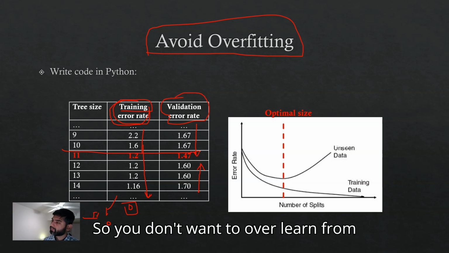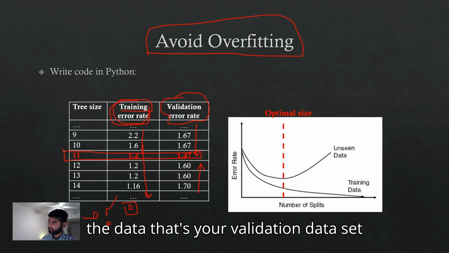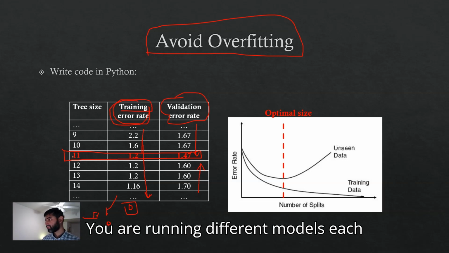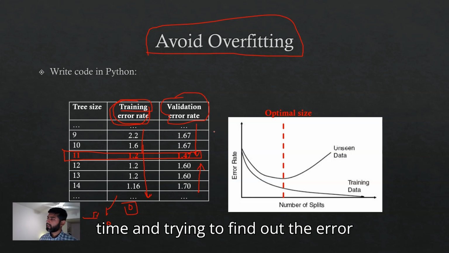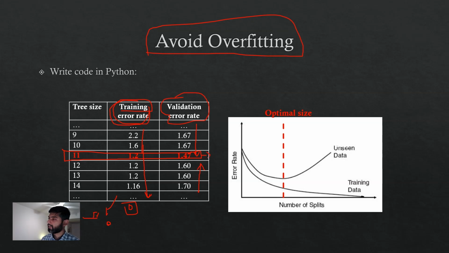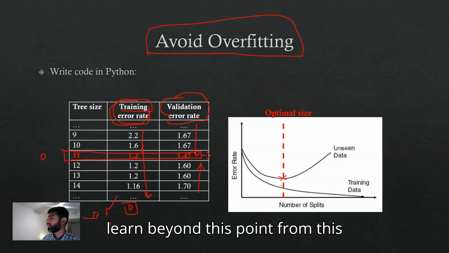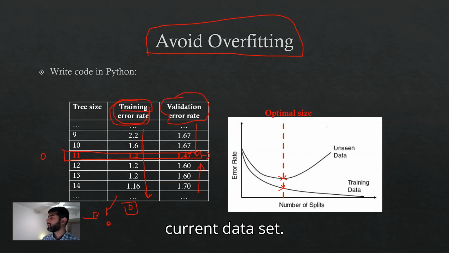So you don't want to overlearn from the data, or you really have overlearned. You are running different models each time and trying to find out the error rate. This is your optimal data point, beyond which you cannot learn from this current data set.